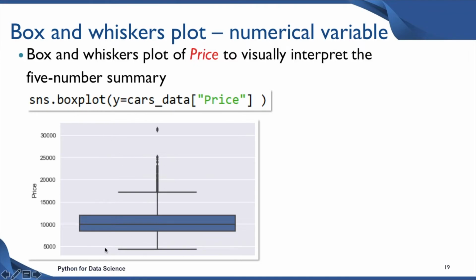And here we could see that the lowest range is below 5,000 and the 25 percentile is close to 8,000, right? And 10,000 is your median, this is your 50 percentile, and this is your 75 percentile range, and this is your maximum value, and after the maximum value these are your outliers.